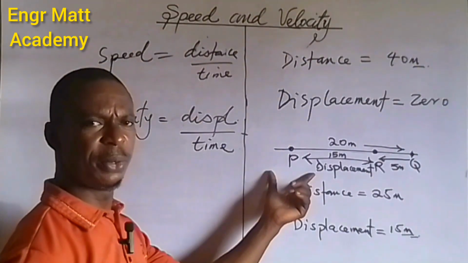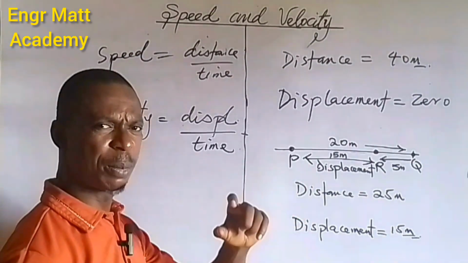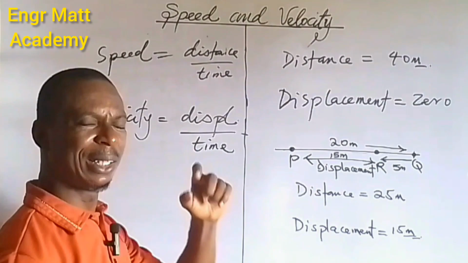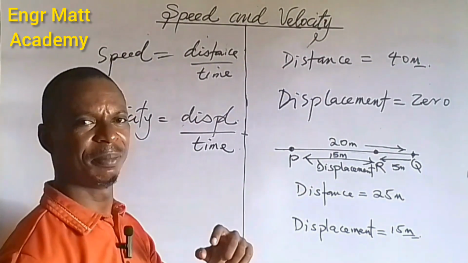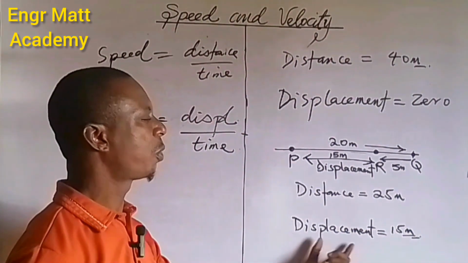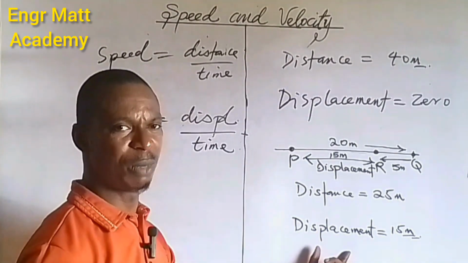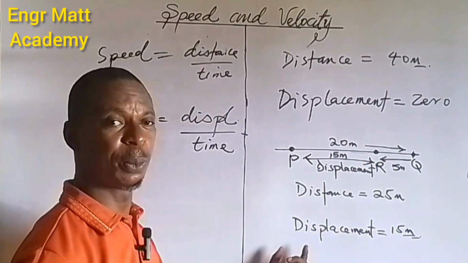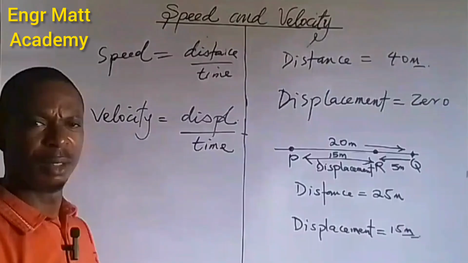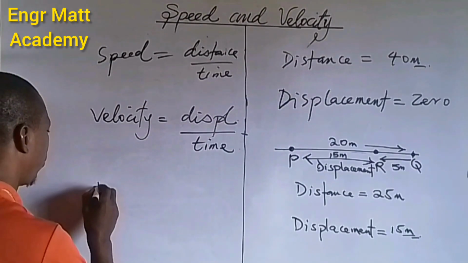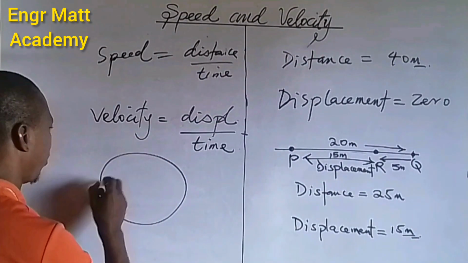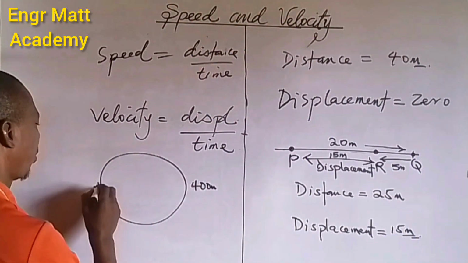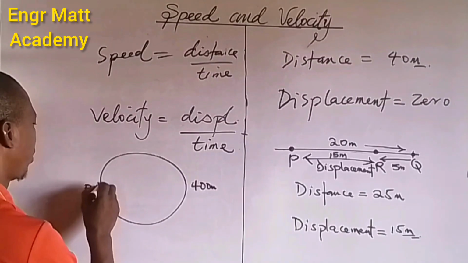So this scenario has helped us to see why speed and velocity are not exactly the same, because velocity is more concerned about the displacement, movement with direction. Where did it start from? Where did it end? This means that if you run a 400-meter race around the pitch, this is your starting point.